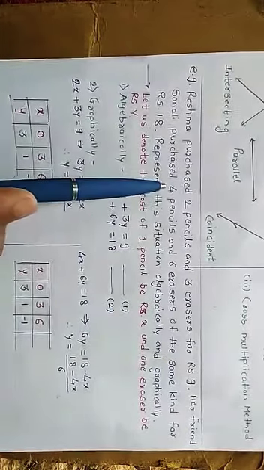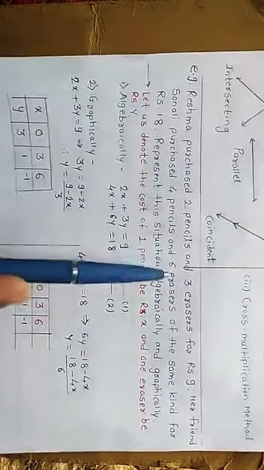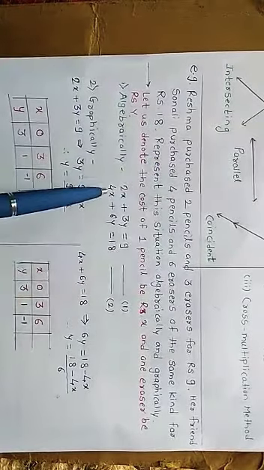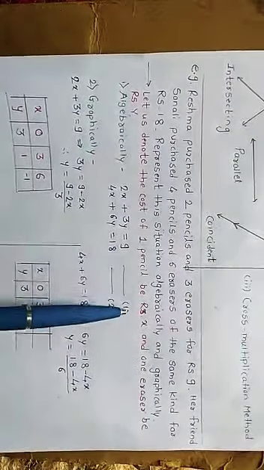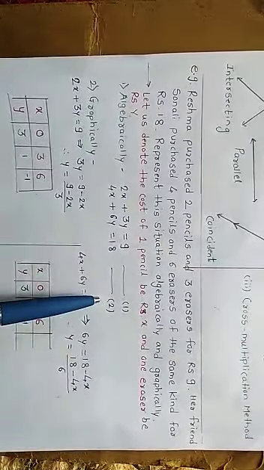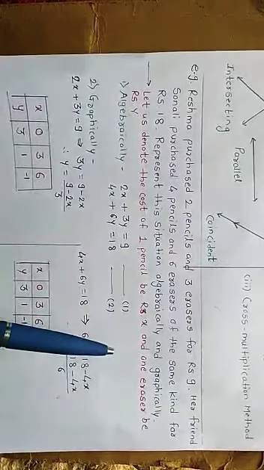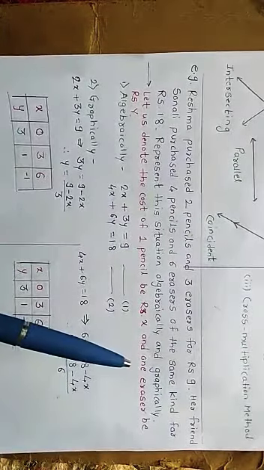Then for Sonali 4 pencils and 6 erasers, that is 4x plus 6y is equal to rupees 18, equation 2. We have to only make equations and present them here.